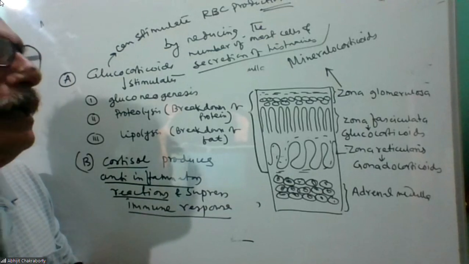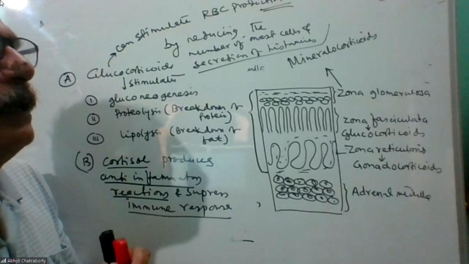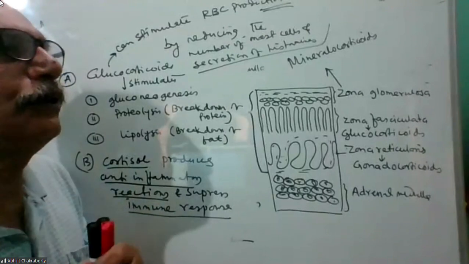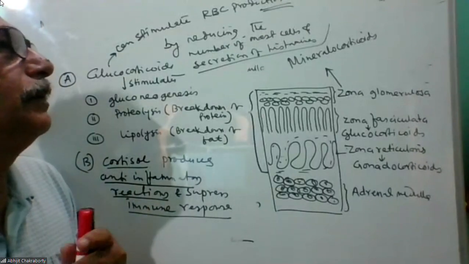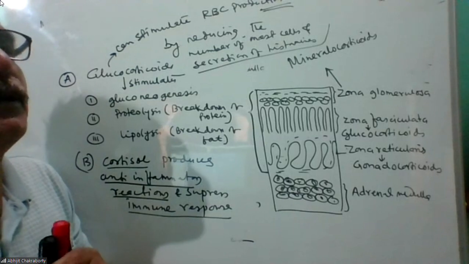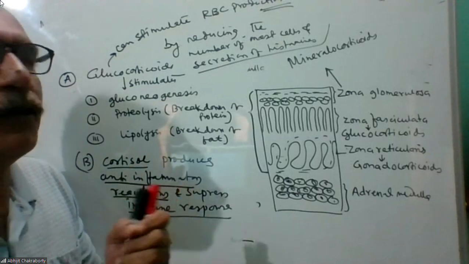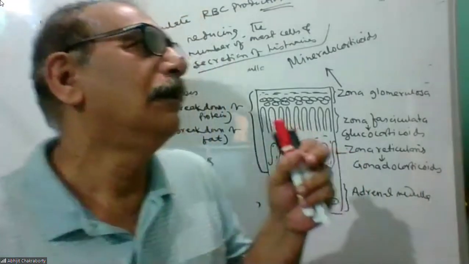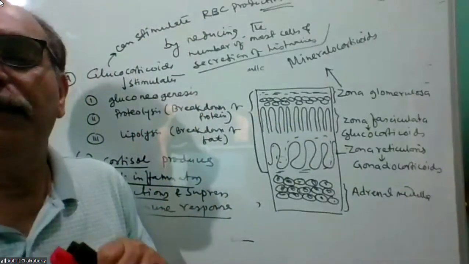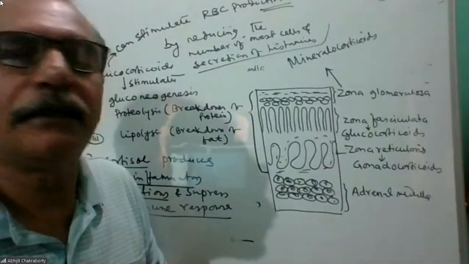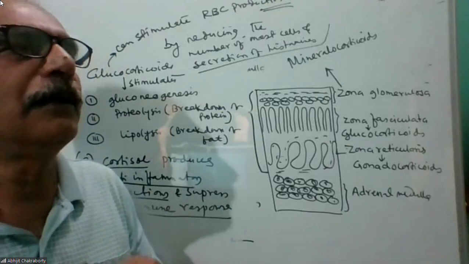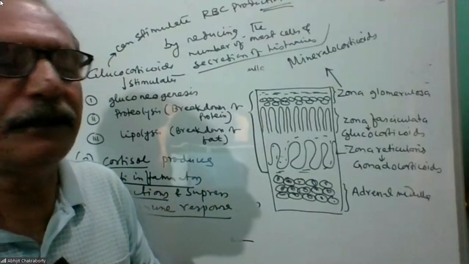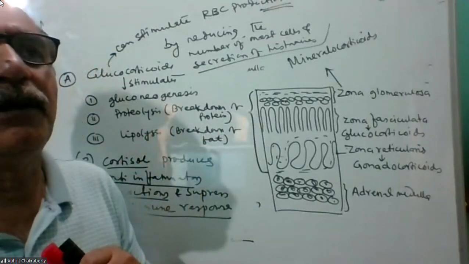So in this way, aldosterone helps in controlling electrolyte balance. That's why the body fluid volume is also controlled by it. Blood pressure is controlled by it, because everything is interrelated. Whenever electrolyte balance is maintained, the volume of the body fluid can be maintained, and obviously the BP or blood pressure will be maintained. So this is the most important function of the mineralocorticoid.